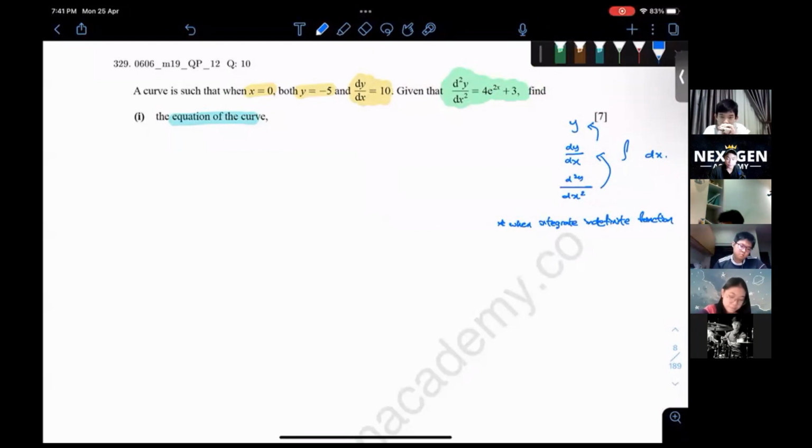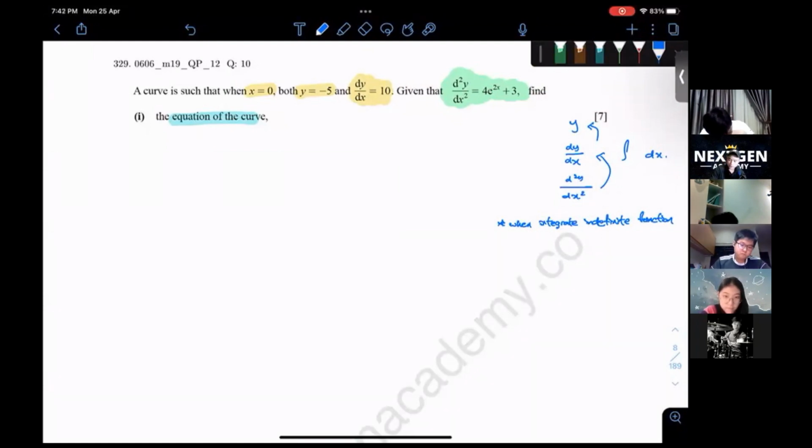Always remember that. And you might be wondering why they give me when x equals 0, y equals -5, then dy over dx equals 10. All you need to remember is that I want to find my c value.